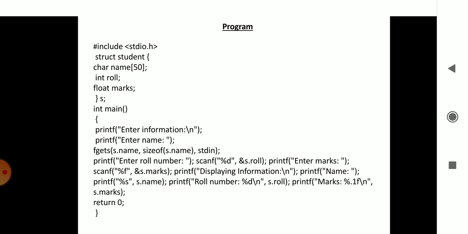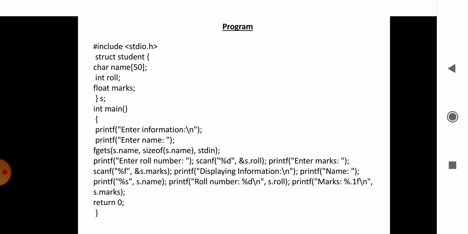So we use s dot roll to accept the input from the user. And then printf enter marks. In that case, we use scanf %f, which means marks is declared as a float variable. So we use %f and s dot marks to accept the values of marks from the user.